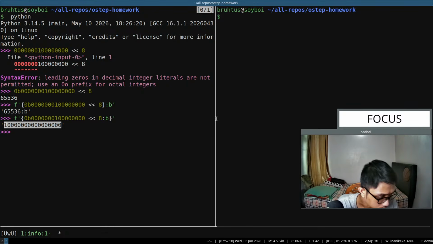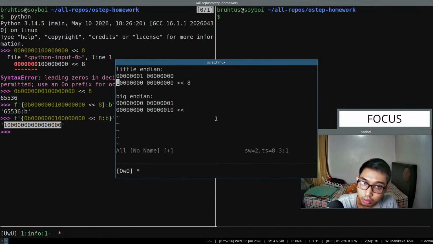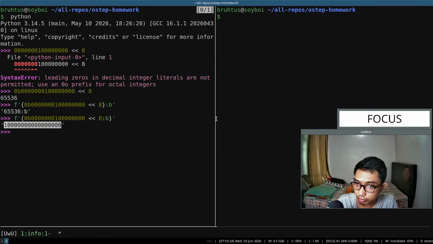Now you need a byte to represent the number. Wait, what? No, I need a byte to represent the number. Wait a minute. Is this something like this?